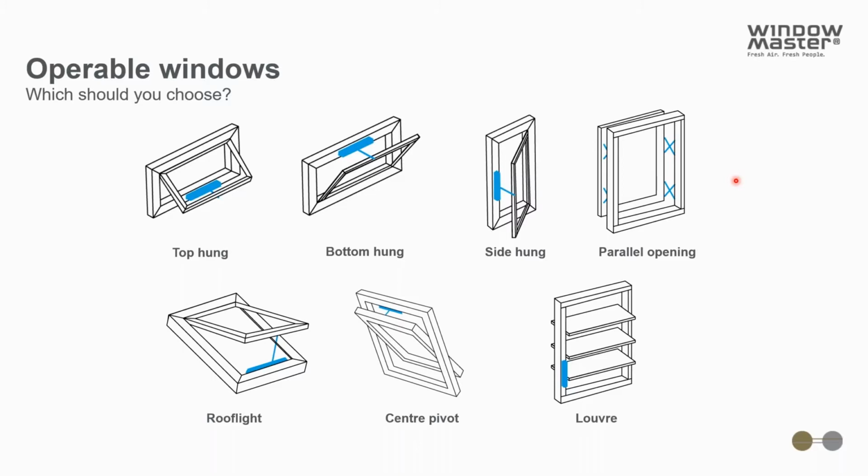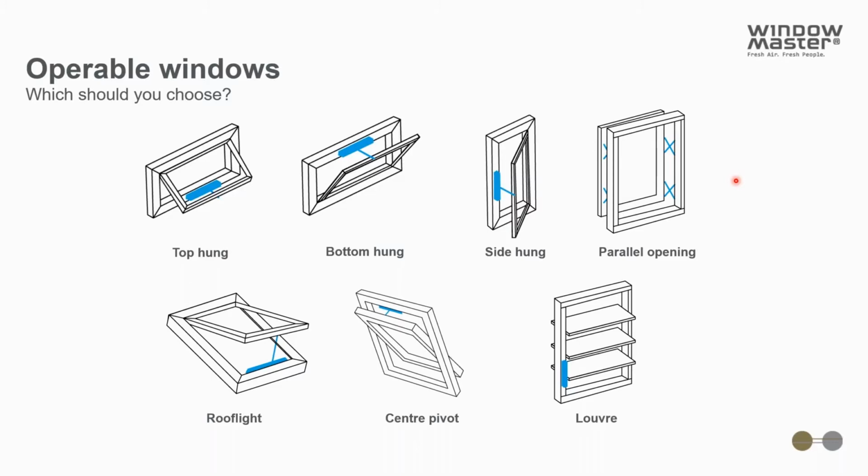Other types of windows like the parallel opening and the louvers are often chosen as a part of the architectural design. These types of windows can typically achieve a greater free area per window.